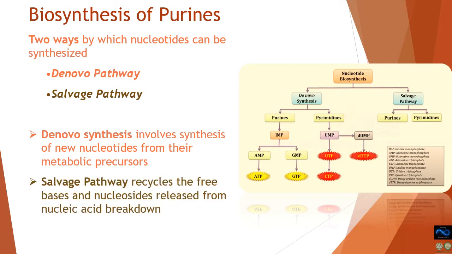Salvage, as the name suggests, tries to recycle the free bases or nucleotides which are released during nucleic acid breakdown, and recycles them to synthesize nucleotides again for the living cells.